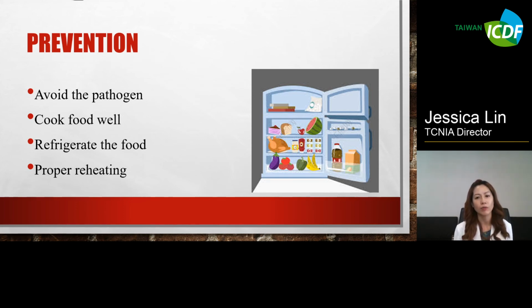Even though the spores are heat resistant, you still need to cook your food well. Refrigerate the food if you're not going to eat it, and reheat properly. Once you take your leftovers out from either the fridge or the freezer, you need to reheat it to the proper temperature.